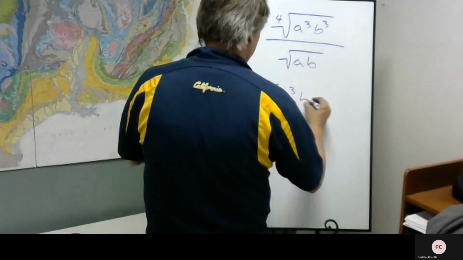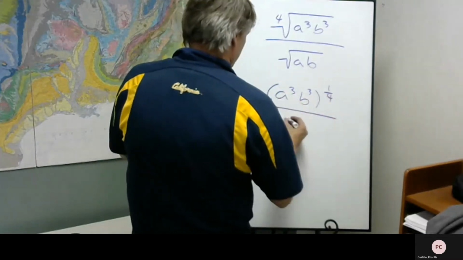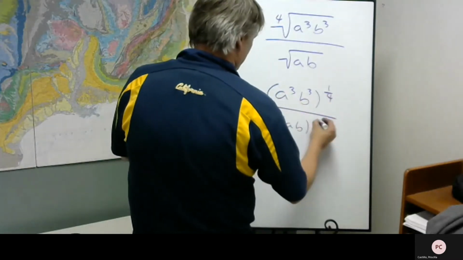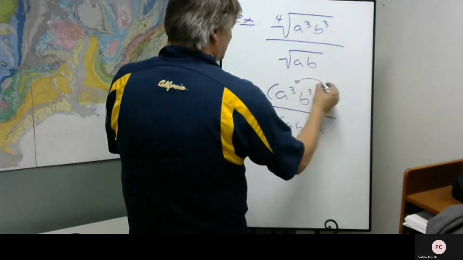We have a cubed, b cubed to the 1/4. A, b to the 1/2, we can distribute.